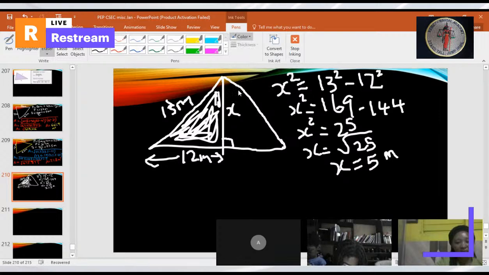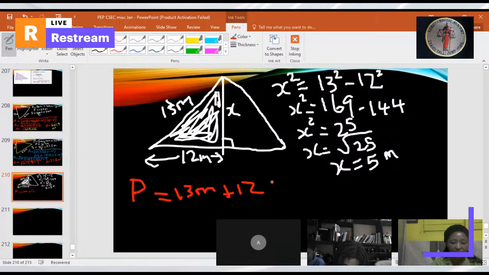We want the area of the shaded triangle. So we're going to use the 5 in the equation. So it would be 13 plus 12 plus 5. So the perimeter would be 13, 12 plus 5, and that is 30.